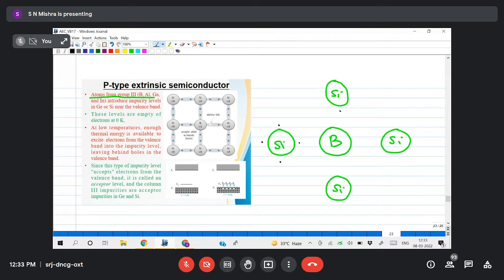These silicon atoms have 4 valence electrons here, and this boron has 3 electrons in its outermost cell. So these 2 electrons form a bond, these 2 form a bond, these 2 form a bond, and these are also extended. I'm not showing all these things. It will be extended like this.